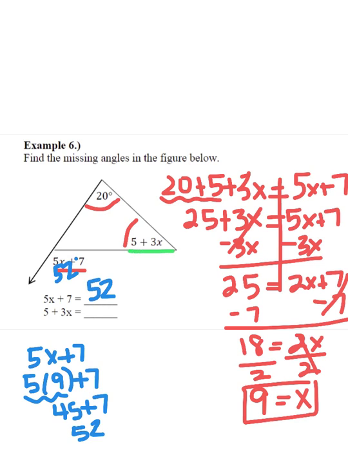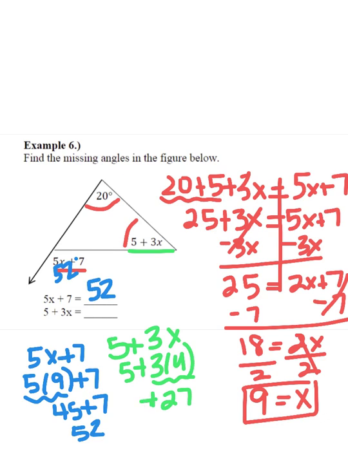Alright, and then 5 plus 3x. So 5 plus 3 times 9. 3 times 9 is 27. 27 plus 5 is 32. So this is 32. 20 plus 32 is 52, so we're right.